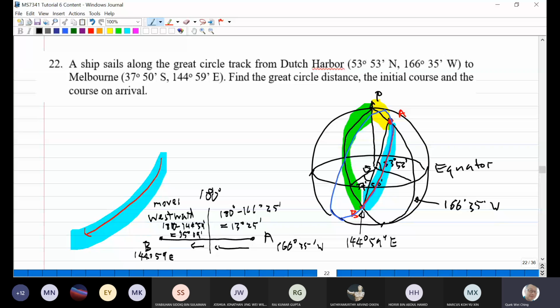So total angle P, right? So total, add them up. So the total angle P, you take this one and this one. So P, the angle, is equal to, add them up, this one is actually 13 degree 25 plus 35 degree and then 1 minute.